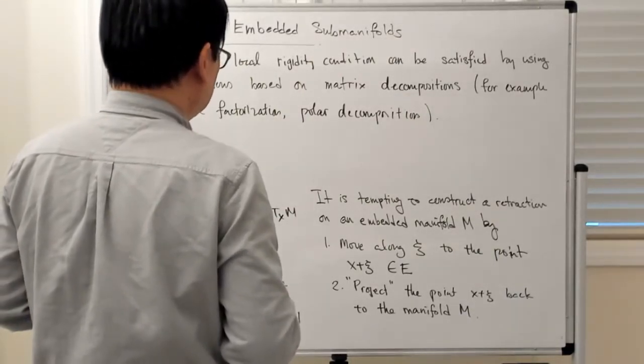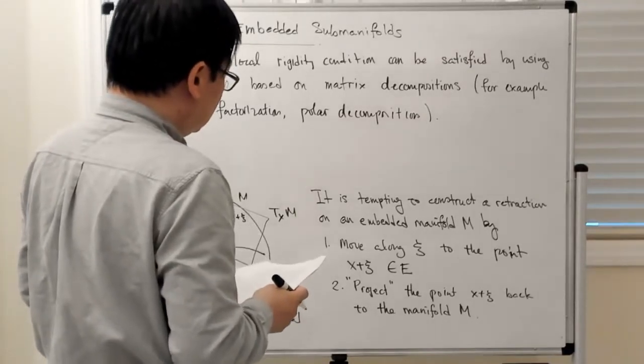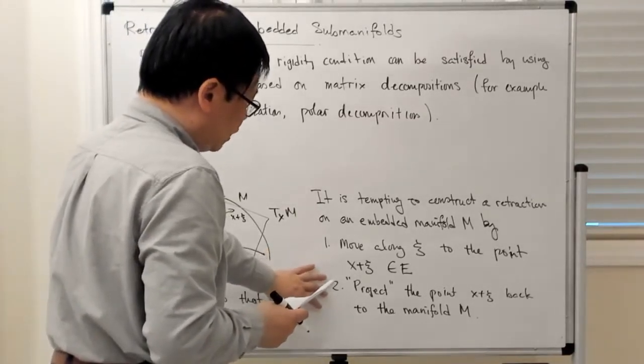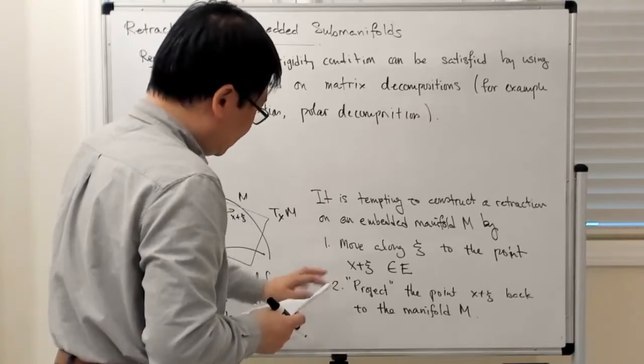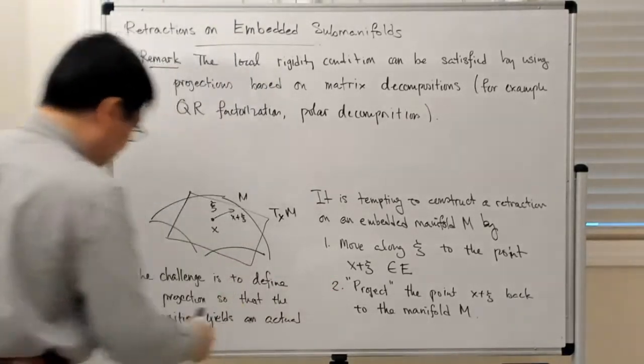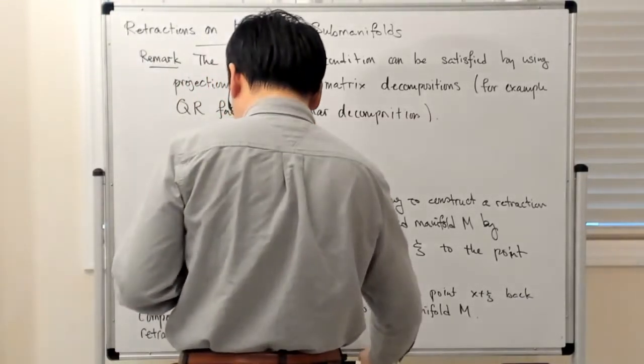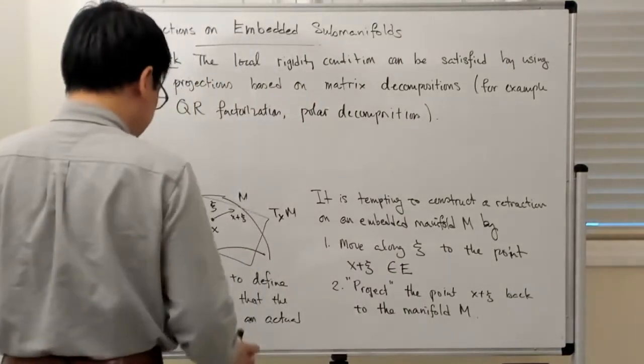But let's try to see what conditions we can establish more generally on this projection so that it has this local rigidity condition.